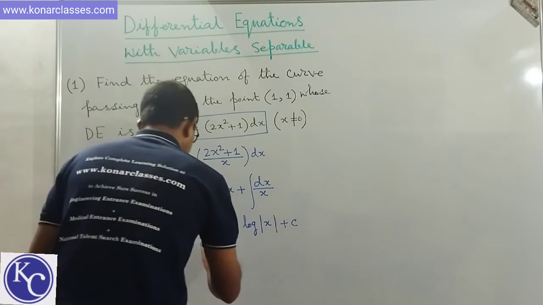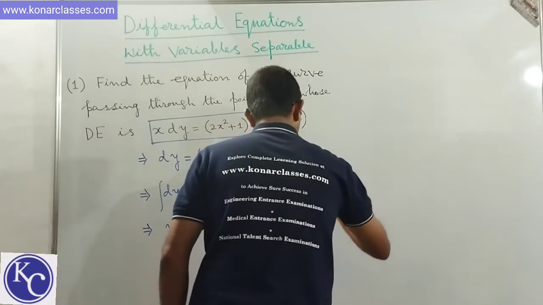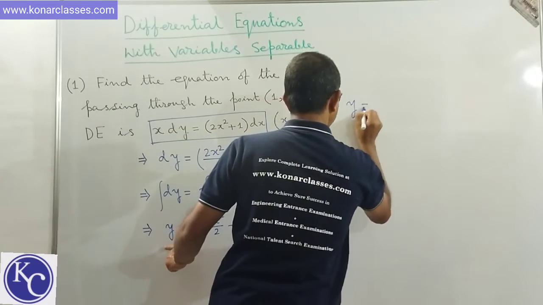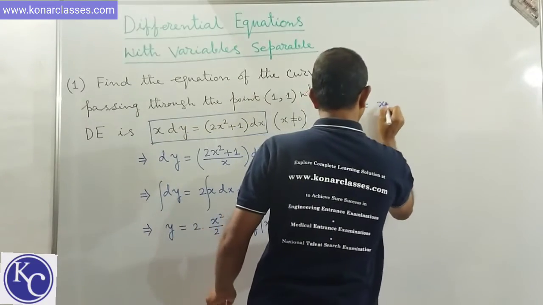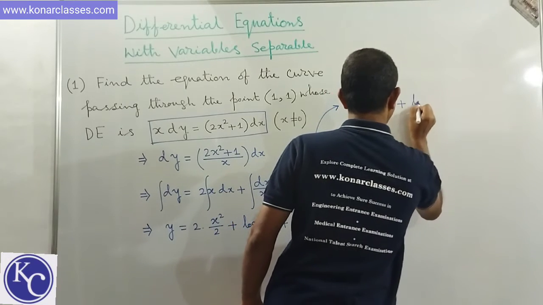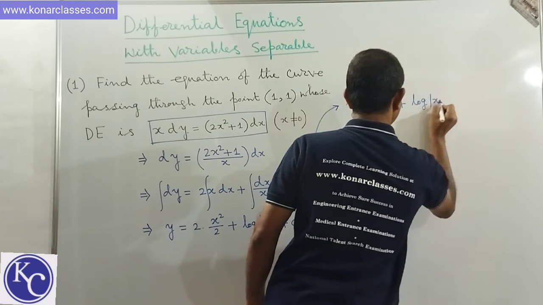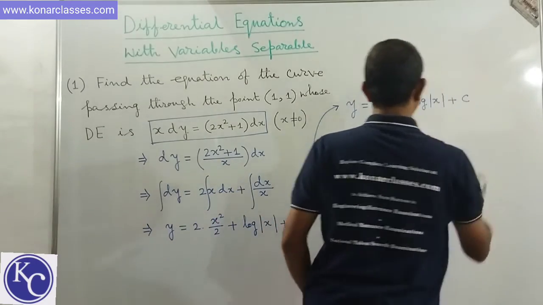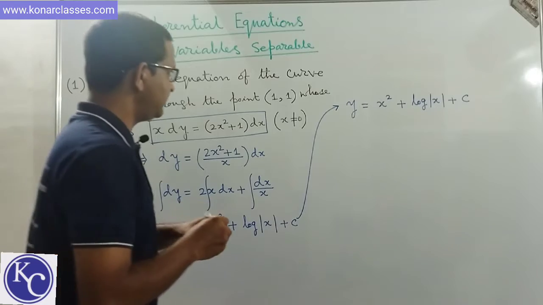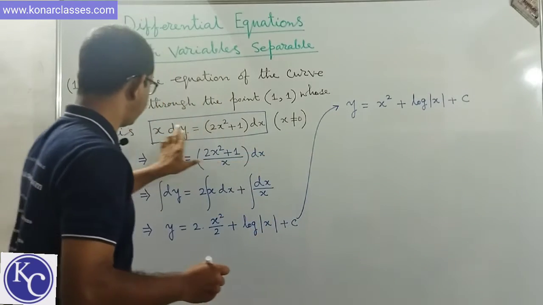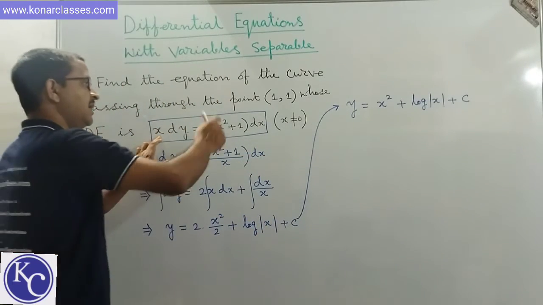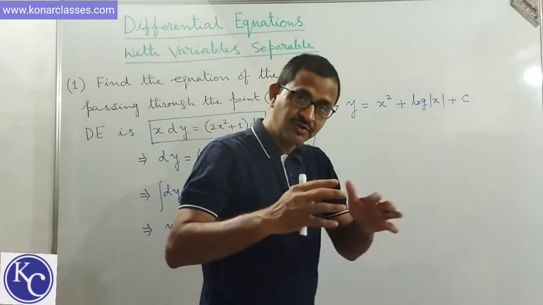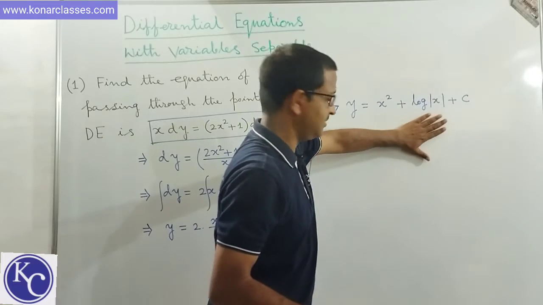If we simplify, we get y is equal to x square plus log mod x plus c. Now dear students, this is the general solution of this differential equation. This is the differential equation and this is the general solution. A general solution means in one way we can say this is a family of curves.